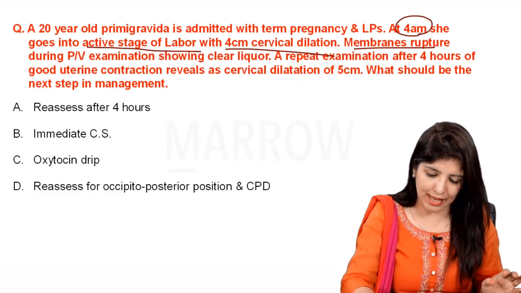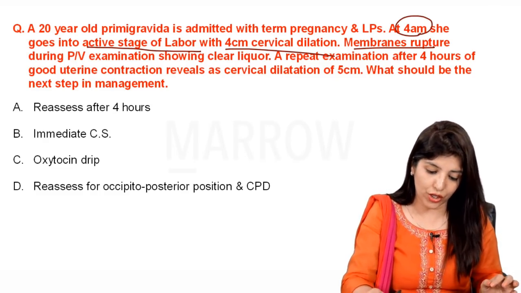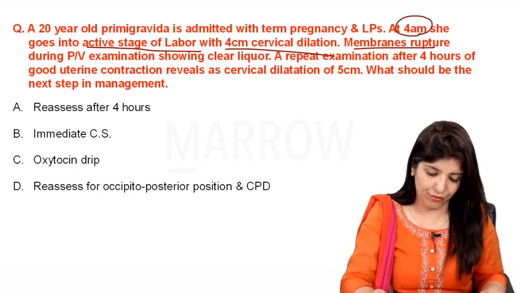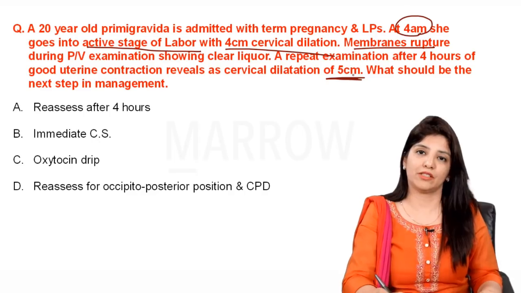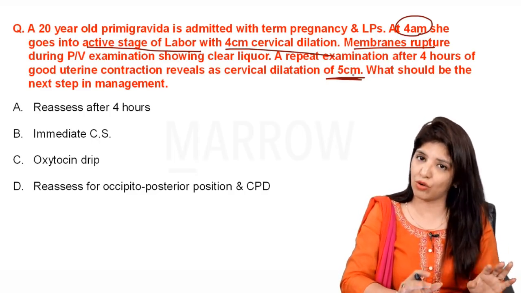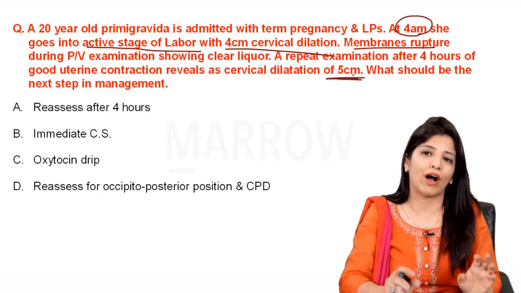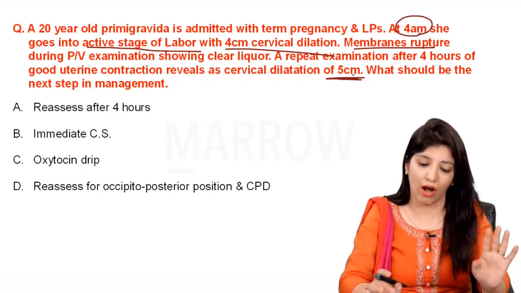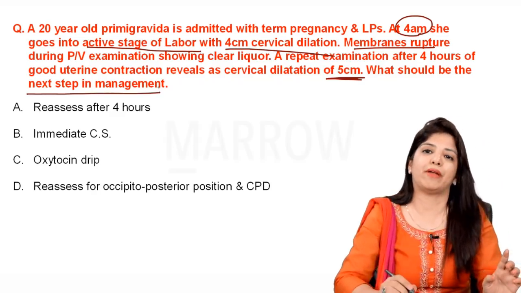A repeat examination after 4 hours of good uterine contraction reveals that the cervical dilatation is only 5 centimeters. Contractions are good, and from 4 centimeters it has come only to 5 centimeters in 4 hours. What should be the next step in management?